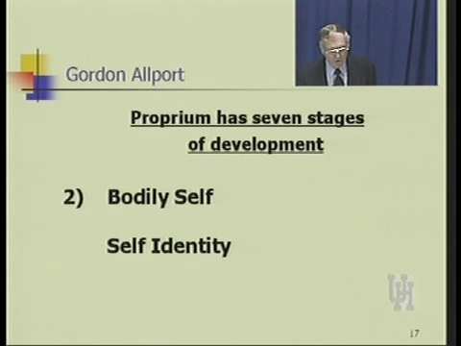Then there is a concept he identified as self-identity. And it develops during the first 18 months of life. And it causes, according to him, the young child to begin to recognize their uniqueness. And Allport used memory as a mechanism to establish self-identity.